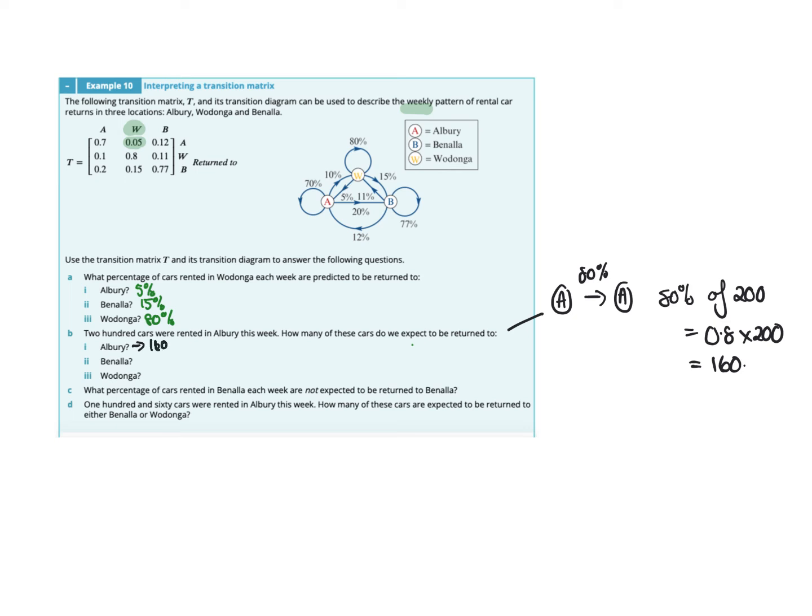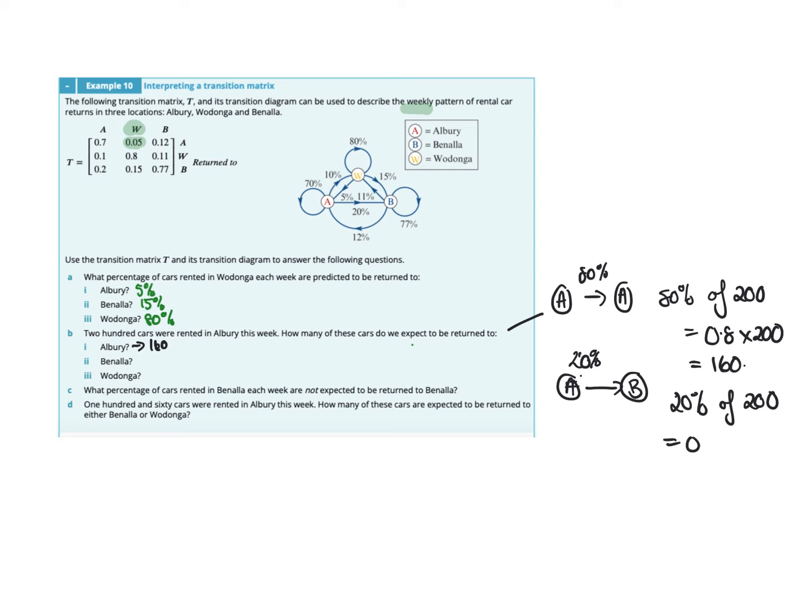And then they said of the 200 at Albury, how many ended up at Benalla? So this next part is Albury to Benalla, which was 20%. So you want 20% of the 200.